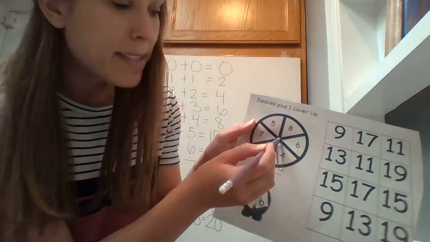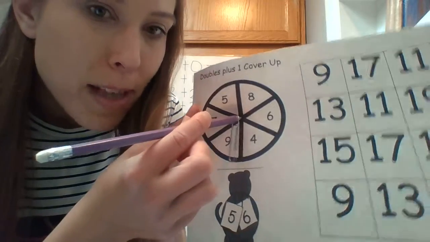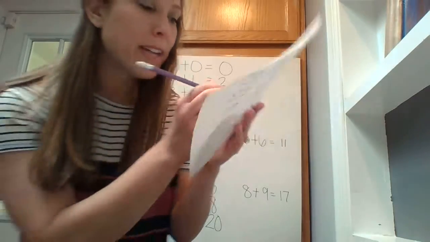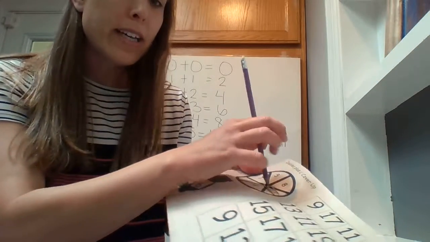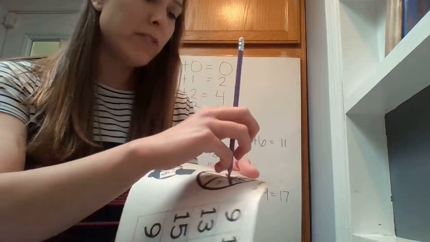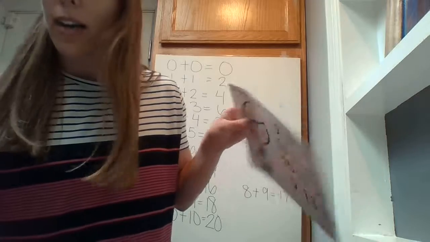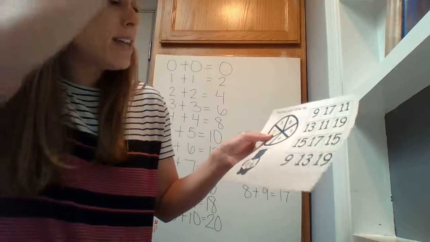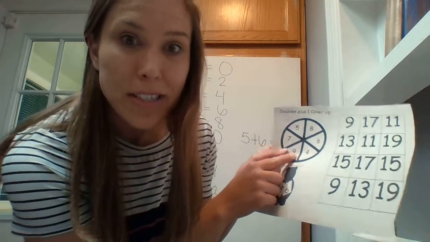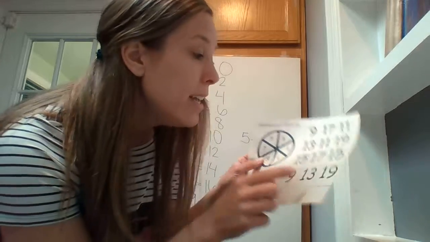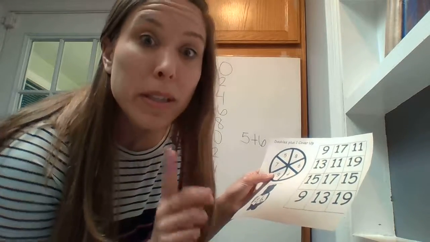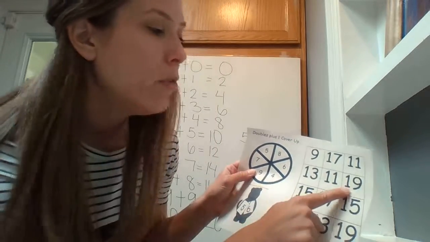They will hold it like so. So the paper clip's there, and then the pencil's under it, and they will just flick the paper clip, and it will turn it into a little spinner. So if I landed on 9, what I would do is I would do 9 as a double. So 9 plus 9 is 18, plus 1 would be 19.